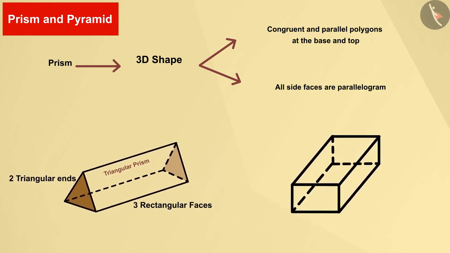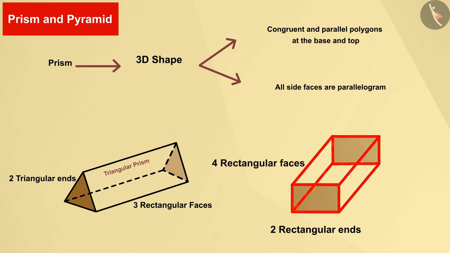Here is another three-dimensional shape. We can see that its base and upper ends are both rectangles, which are parallel to each other, and all its side faces are rectangles. This is called a rectangular prism. We also know it by the name of cuboid. If you notice, you will see that the prisms are named according to their base and upper end.